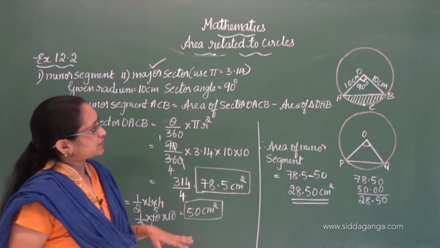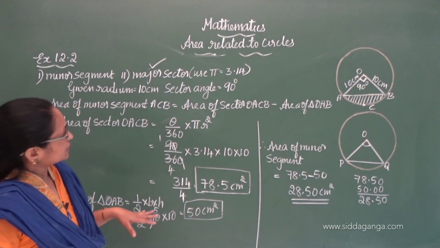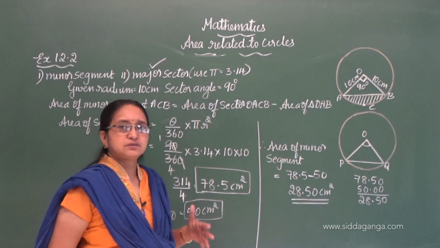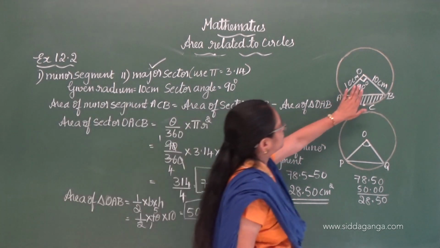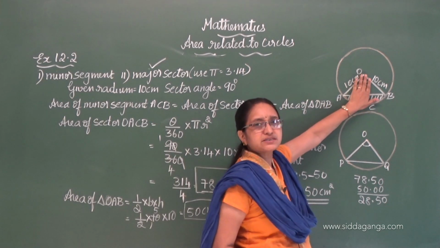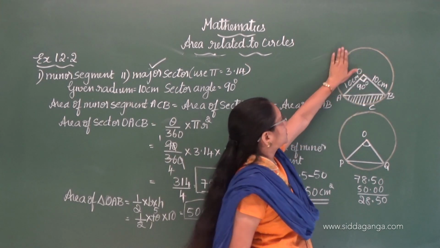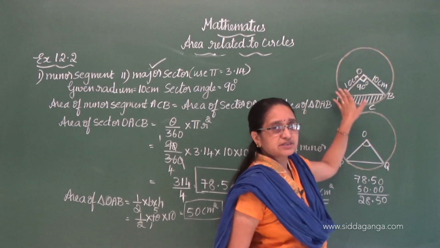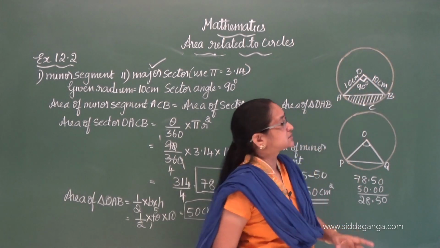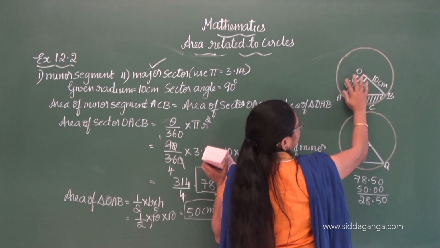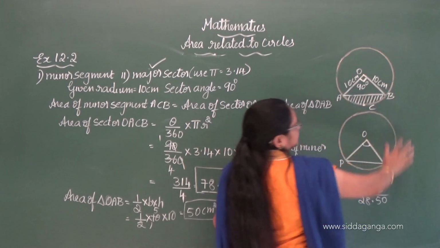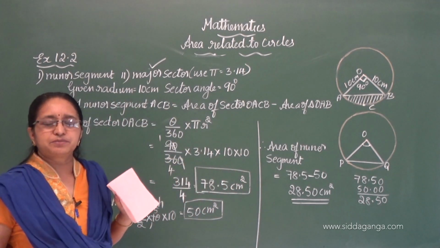Here what I am going to use is area of the circle minus area of the minor sector. Area of the circle minus area of this minor sector will give you the area of the major sector, correct? I hope you understood this.